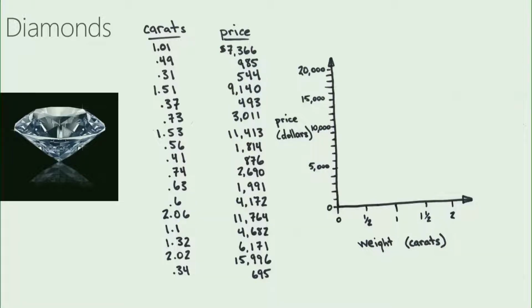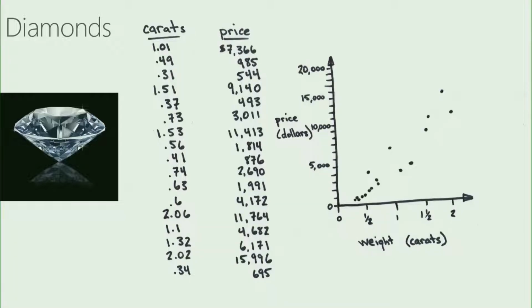And I start with the first diamond, and I eyeball a line that's about 1.01 carats. And I eyeball another line that's horizontal that links up with it at about $7,366. And right where they meet, I put a dot. So this is the way you make a scatter plot with 2 columns of data. I repeat that for everything all down the columns, and when I'm done, I get a picture that looks like this.